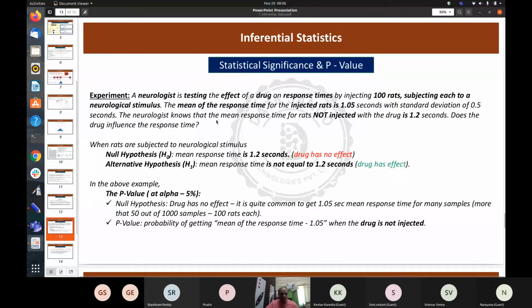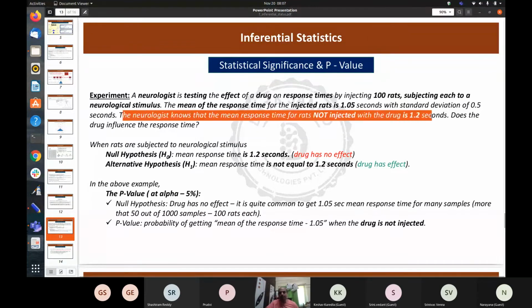Here in this total statement, we know when the drug was not injected, what the mean response time is. This means it is a mean of means.